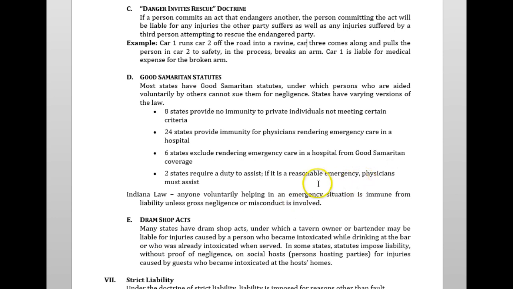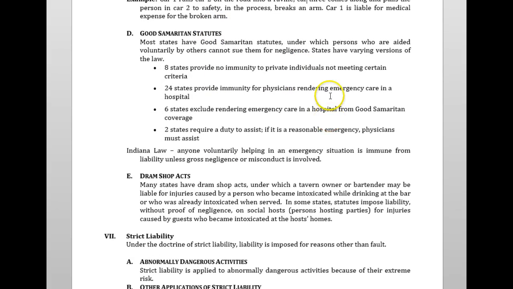Physicians must assist. Indiana law says anyone voluntarily helping in an emergency situation is immune from liability unless there is gross negligence or misconduct involved. So it depends on what state you're in, so be aware of that one.